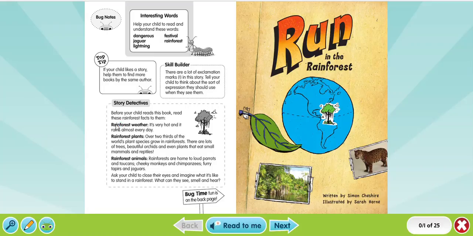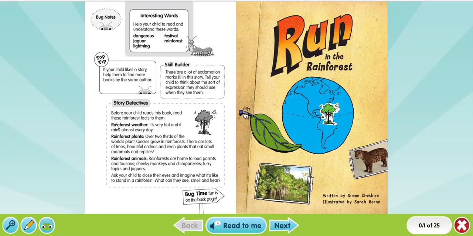The weather is rainy in the rainforest, but it is also very, very hot. Because the weather is very hot and rainy, this makes it easy for different trees and plants to grow.